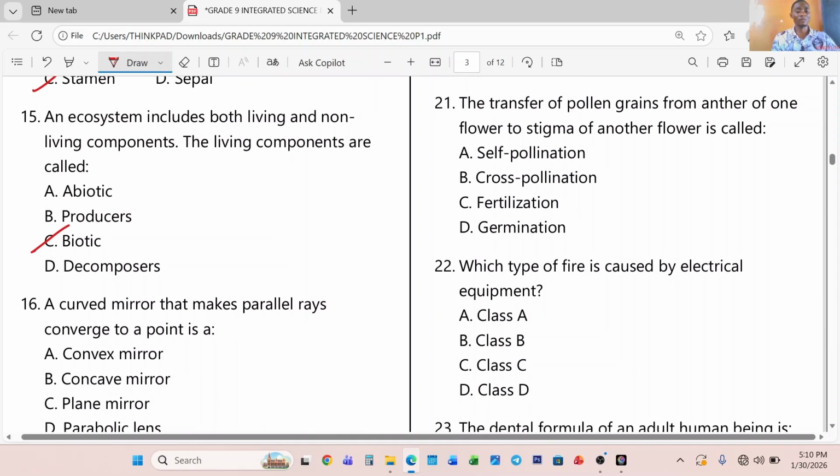Question 16. A curved mirror that forms parallel rays converge at a point is. We have concave mirrors, where rays converge at a point.